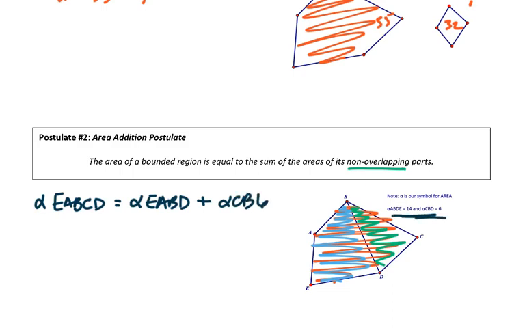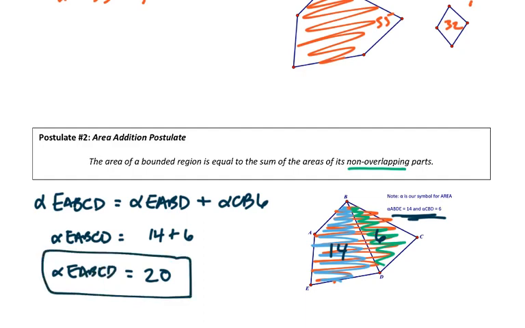As we're told in this information, if the area of ABDE, that's this left side, is 14, and the area of the right side, that triangle, is 6, then the area of EABCD is 14 plus 6, which is 20, because I had the non-overlapping parts.